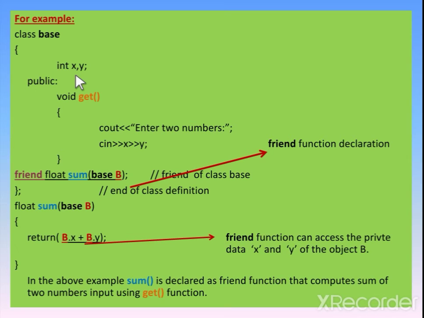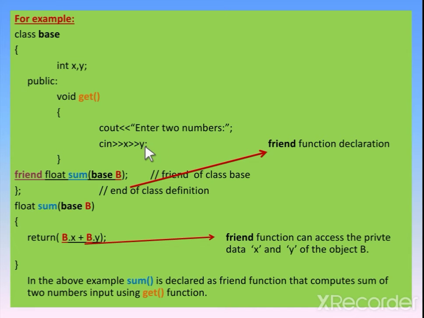As you all know, if no access specifier is mentioned, then by default members are private. Under the public section, inside the get function, I am going to enter values of two variables, x and y.